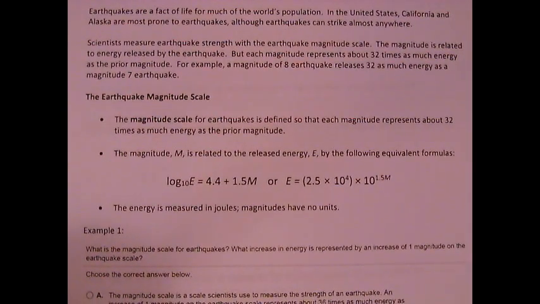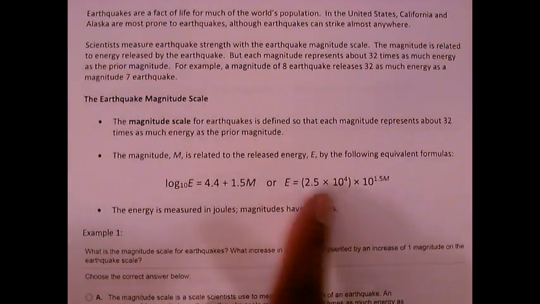Now, let's talk about the earthquake magnitude scale. The magnitude scale for earthquakes is defined so that each magnitude represents about 32 times as much energy as the prior magnitude. The magnitude, which is M, is related to the released energy, which is capital E, by the following equivalent formulas.